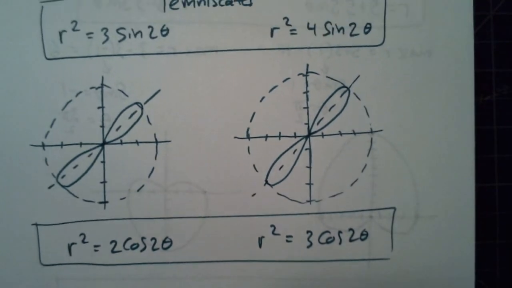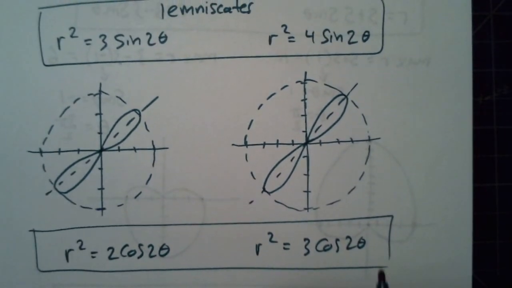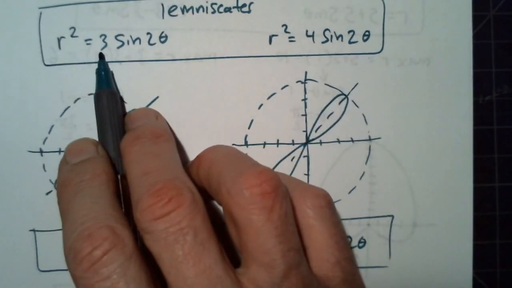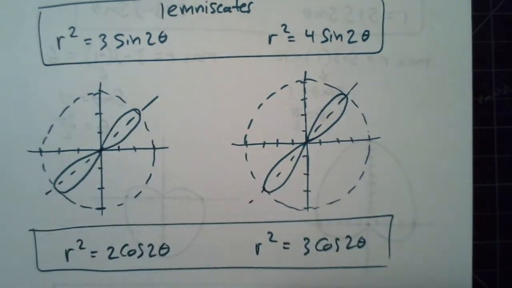And the form of the equation always has to have 2 theta and an r squared. And this is just what changes here.